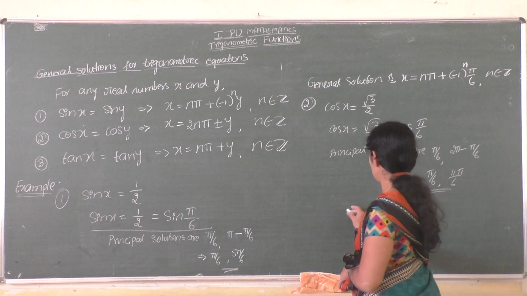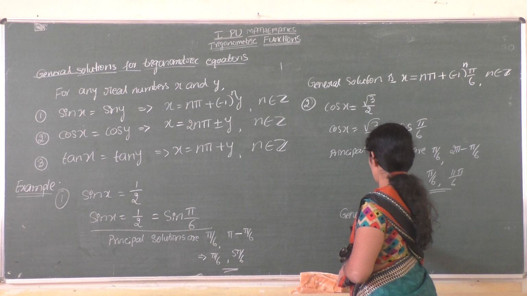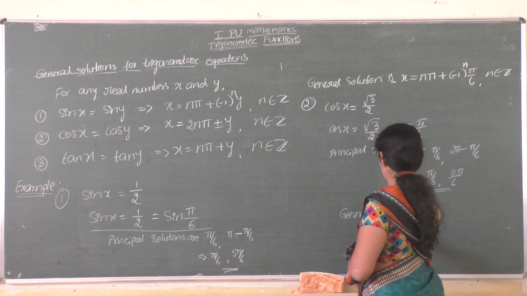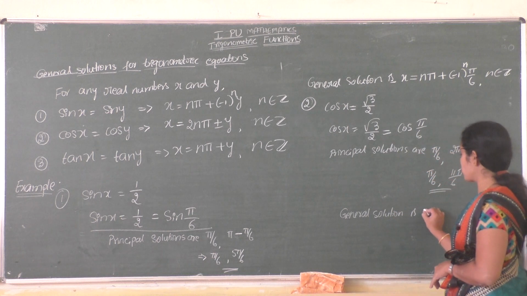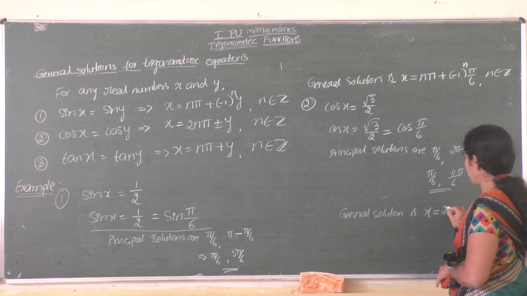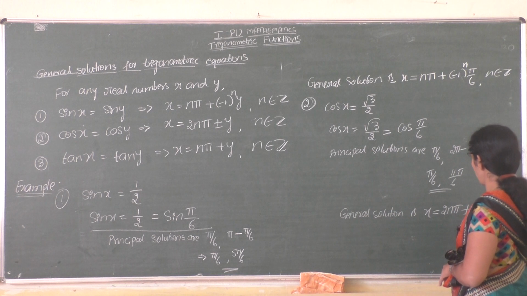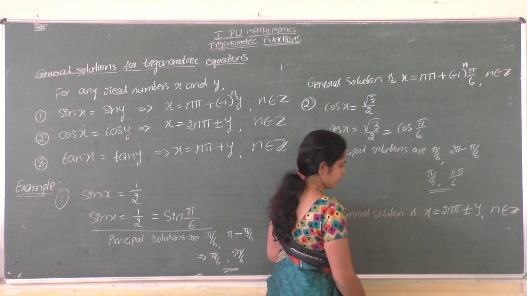What is the general solution now? General solution for cos is 2n pi plus or minus y, where n belongs to z.